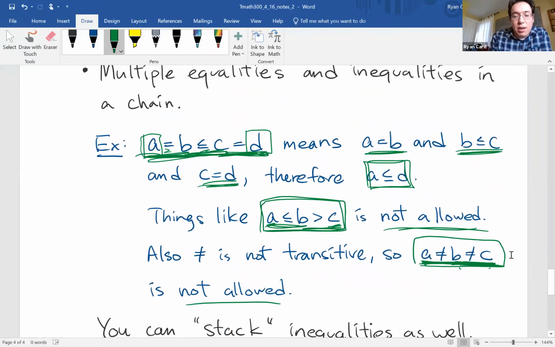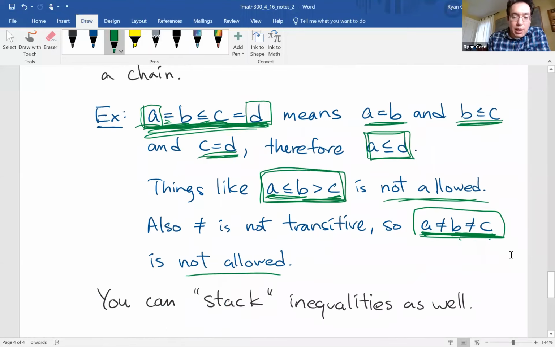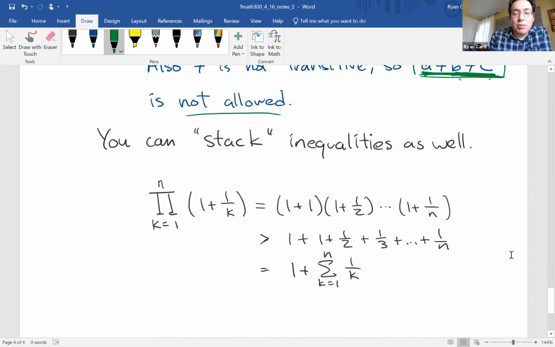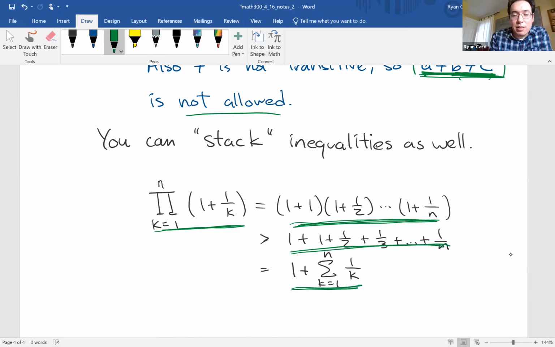Okay, so these are how you write down chain equalities or inequalities in an inline form. You could also do it in the displayed format. So you might get something like this. You don't have to know what these symbols are saying, but if you want to show that this is equal to that, and this is greater than that, and this is equal to that, this is how you might write it in a displayed format.